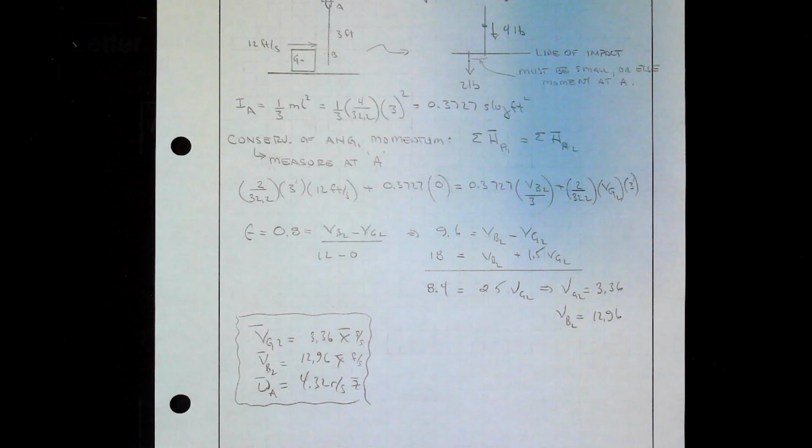So now we're rotating about A. This is a slender rod, so we take the mass moment of inertia at A. That's 1/3 ml squared. If it was at the center it would be 1/12 ml squared, but at the end it's 1/3.